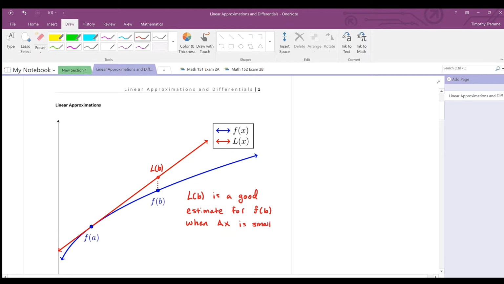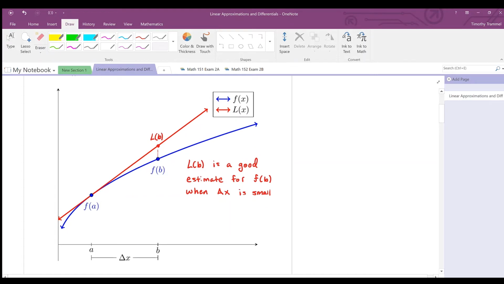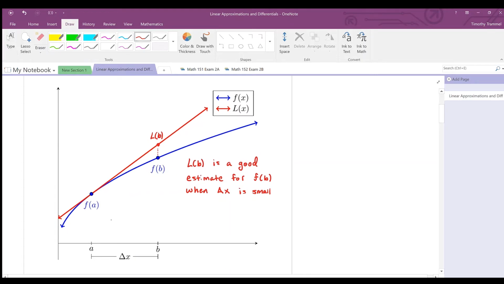And you might be wondering, what is delta x? Let me move this down and you will see. Delta x is just the distance between a and b. So we're just saying as long as a and b are close, then this linearization, or this tangent line, is going to be a really good approximation for the function.